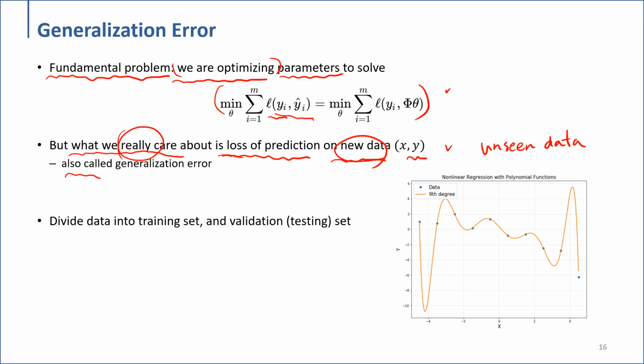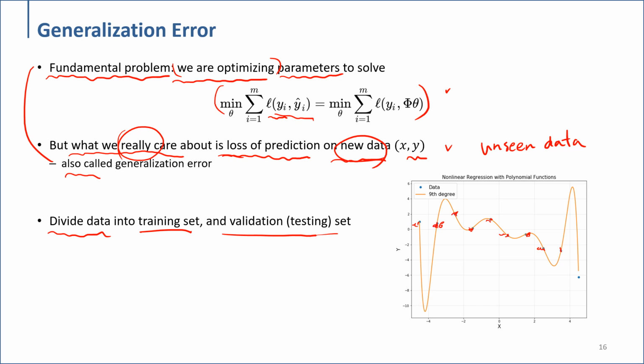So the way to avoid this overfitting problem is to divide data into a training set and a validation or testing data set. Let's say in this example, our objective is minimizing error for this data set. As you can see here, our model is best fitted to minimize this error.